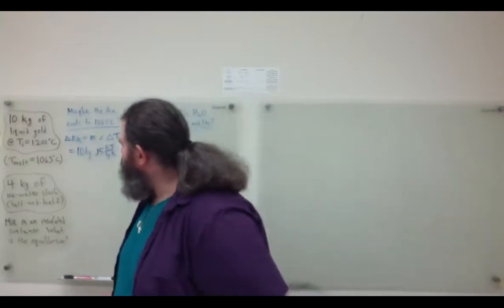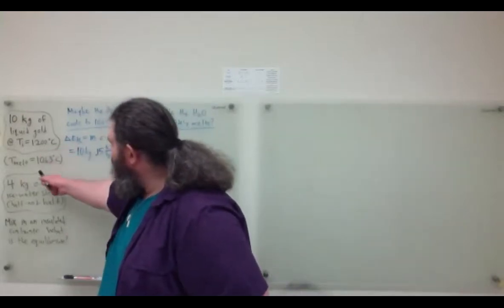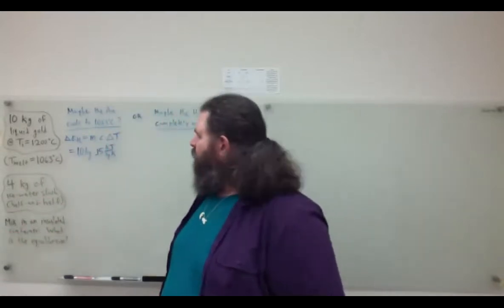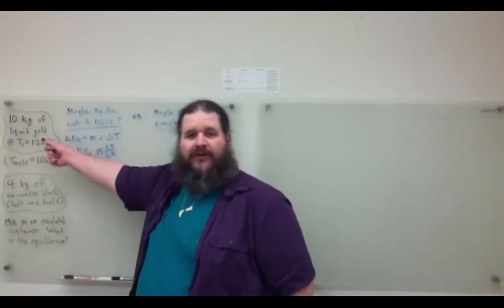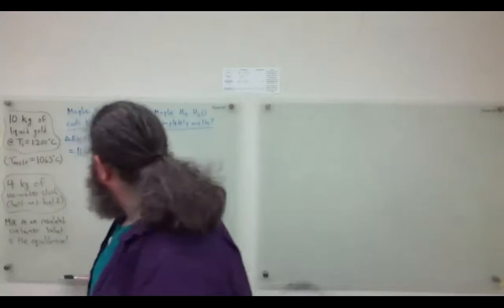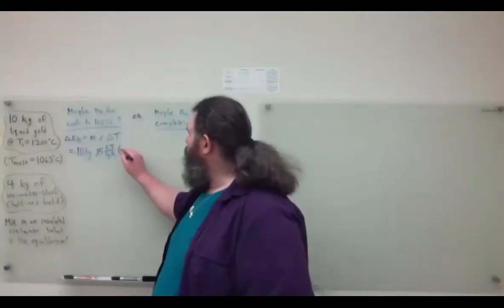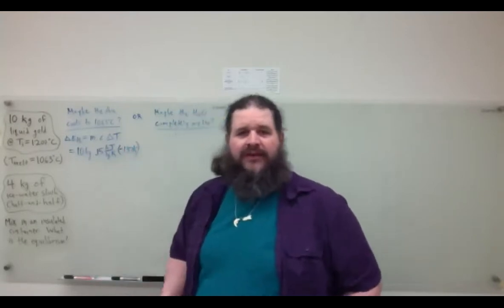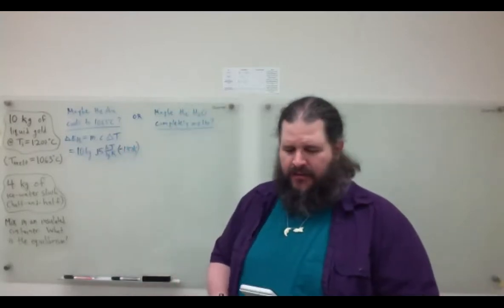Well, we want to get from 1200 to 1063. So I think that's going to be 137. Either way, you can just subtract 1063 minus 1200, final minus initial. So that'll be negative 137. And we can write that as kelvins or degrees Celsius. They're interchangeable because we're talking about delta.